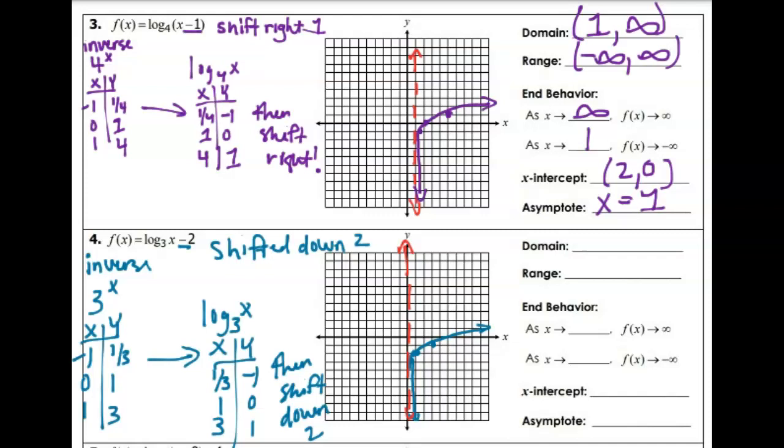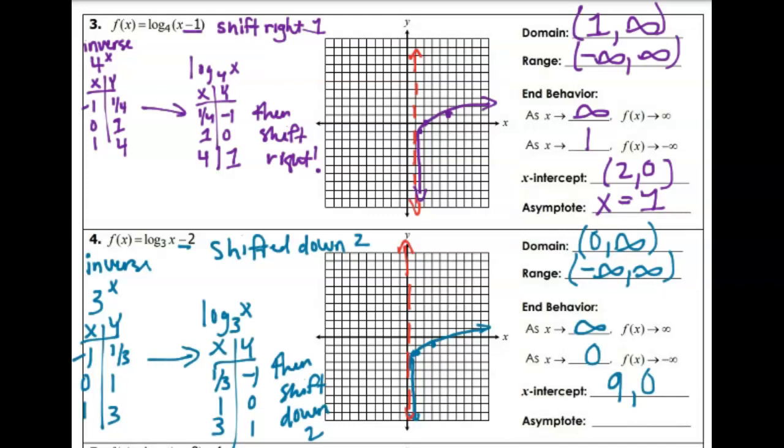Okay? And notice that if you had numbers out in front, that would also stretch it out, but we can still see that the domain and range don't change much from the parent graph. 0 to infinity is the domain, and -infinity to positive infinity is the range. If we look at the end behavior, as you move to the right, it's increasing, so it goes to infinity, and as you go towards 0, it decreases.